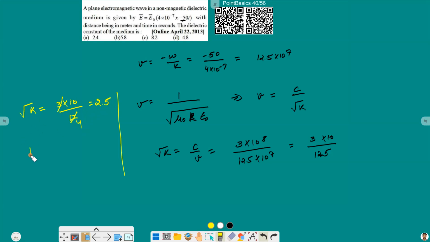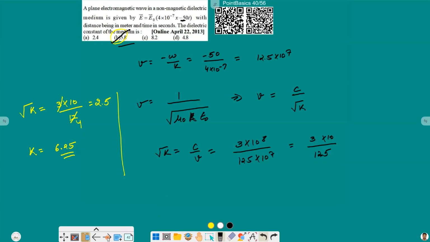Now squaring this, we know the square of this will be 6.25. Now the nearest one that is matching with this is 5.8. So the answer will be 5.8 here. You can do the exact calculation, then you will get the same answer.